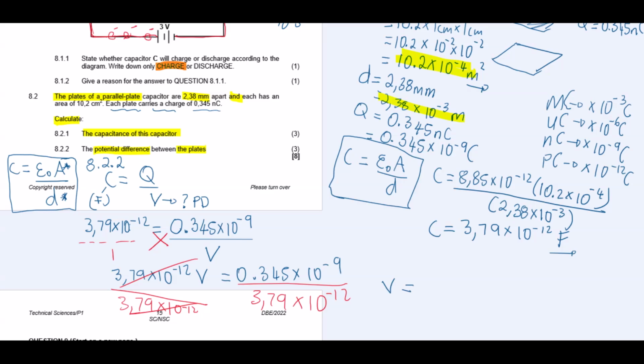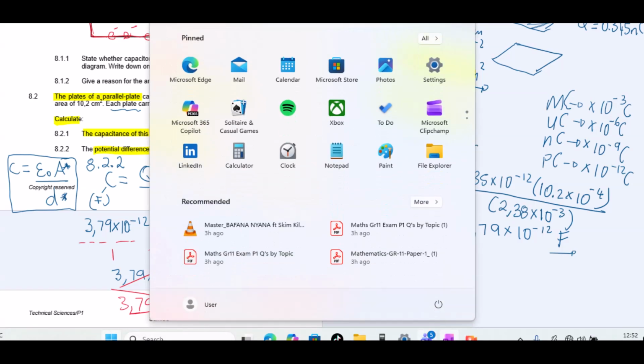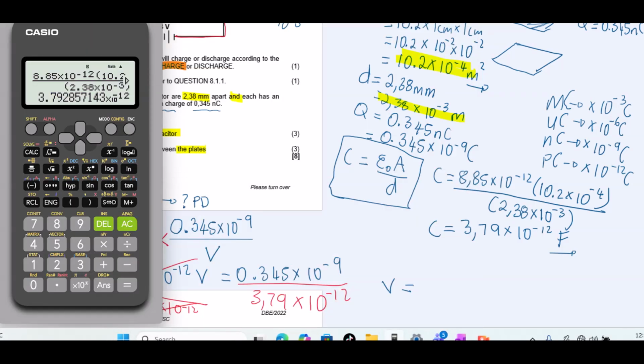So what is the voltage here? The voltage in this situation is going to be the answer on the right, and then we can quickly punch the calculator and calculate the voltage. Can we do that quickly? Yes, we can. 0,345 times 10 to the power of negative 9 over 3,79 times 10 to the power of negative 12.